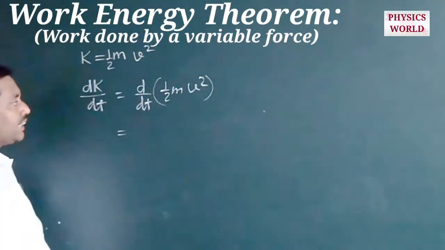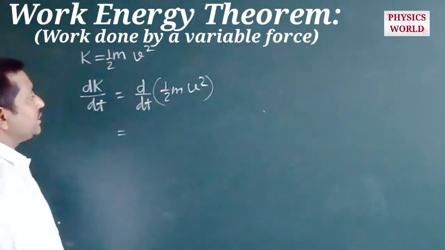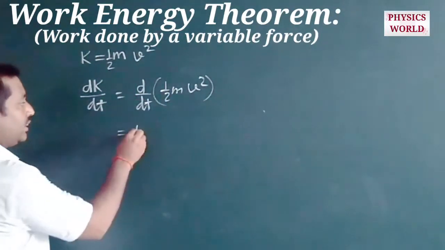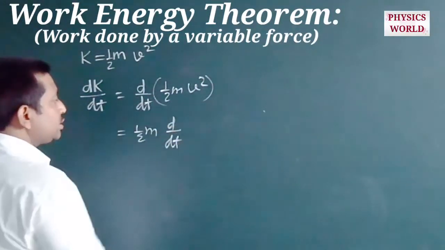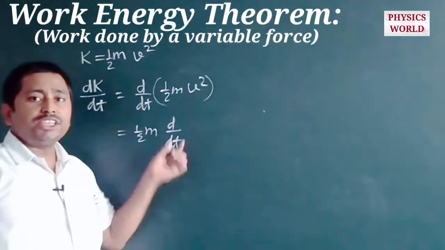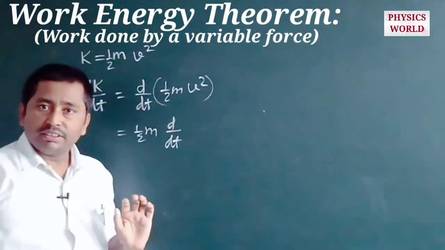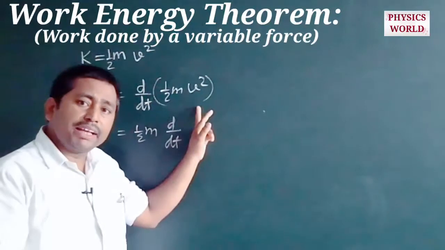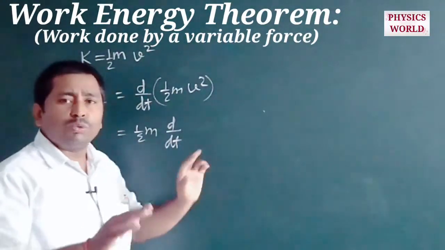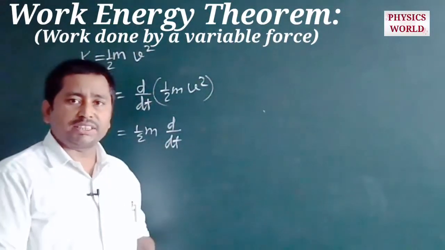Half m is constant and can be taken outside the differentiation, because with respect to time there is no change in the mass, only a change in velocity, and this change in velocity occurs due to the variable force acting on the object.